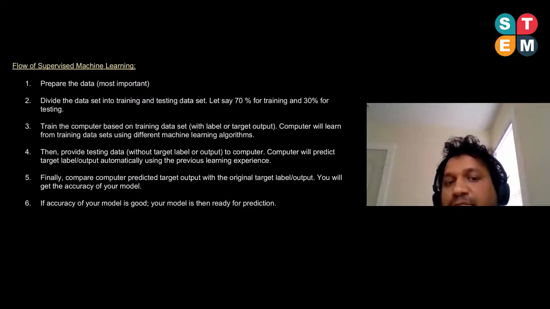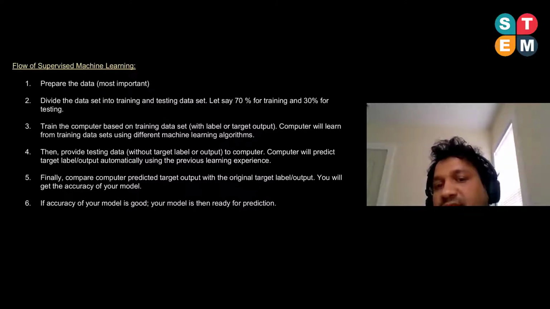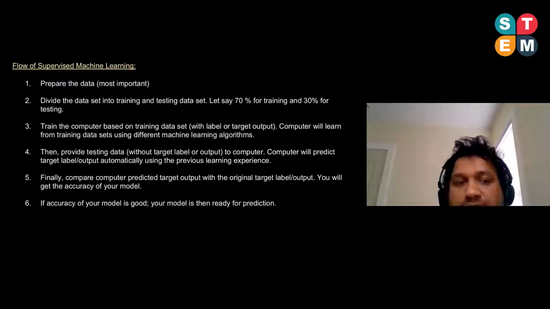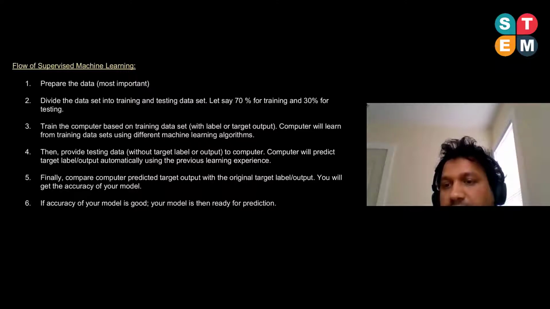Finally, compare the computer-predicted target output with the original target output, and you will get the accuracy of your model. If the accuracy of your model is good, your model is then ready for prediction.